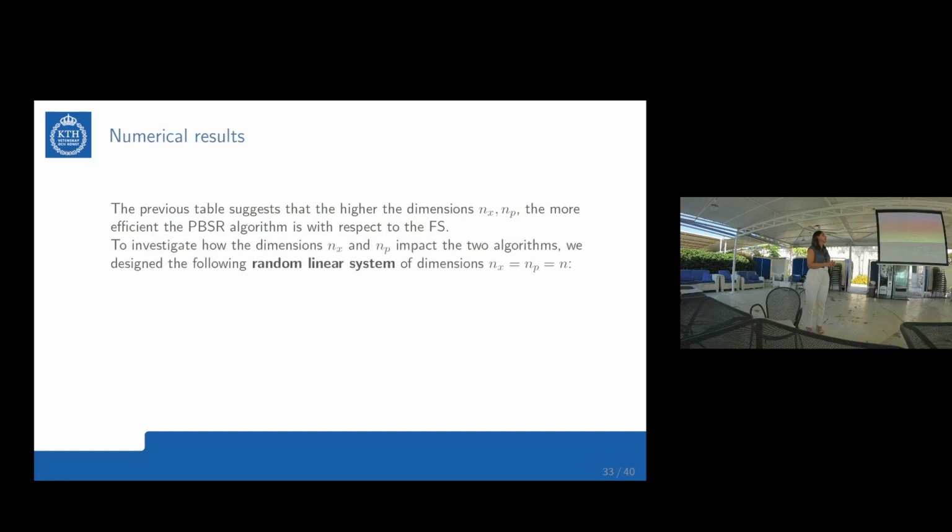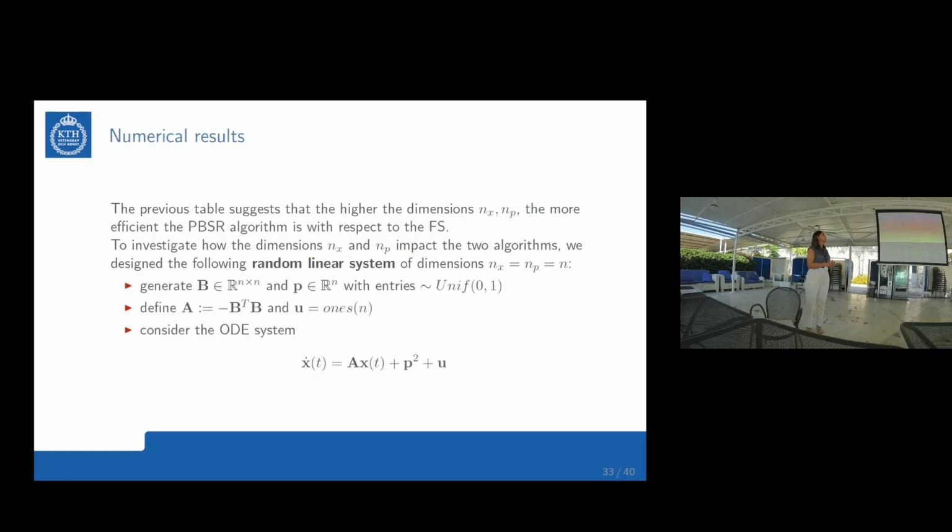So we thought about designing a random linear system of dimension n, both for the state space and the parameter space, that is defined with these random matrices and random vectors that are uniformly distributed. And we apply here, again, the two algorithms, and we vary the value of the dimension n.